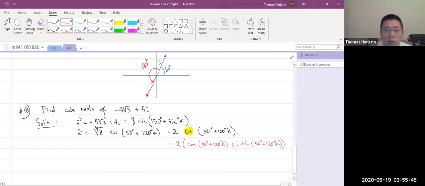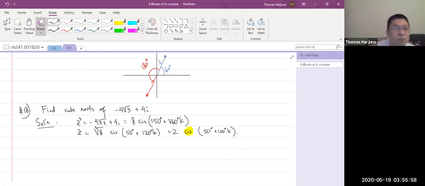That's way too long, and you just need to do it 3 or 4 times and you get scared already. That's why I wanted you to write it in the form of cis.